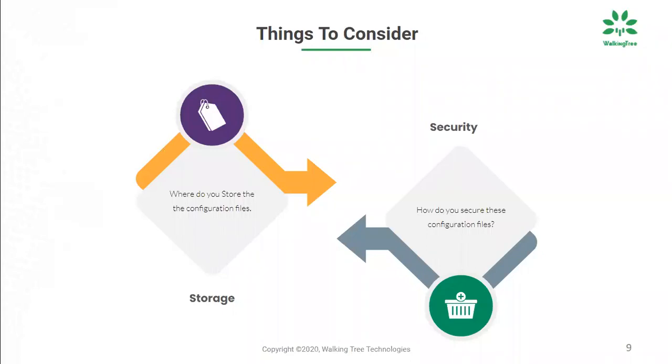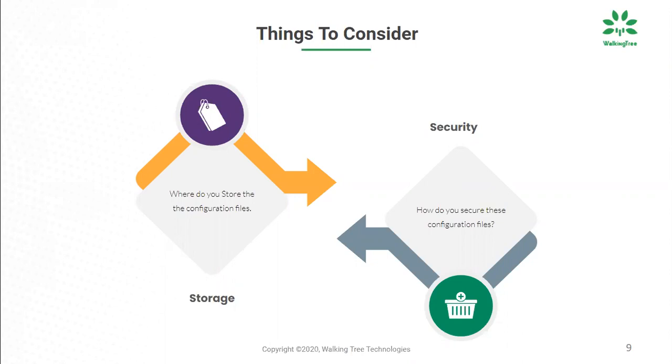So far, if I internalize it, I'm storing it in the code itself. But now if I make it external, where do I need to store it? That is an important aspect. The second is the security aspect of it. If I keep it in some place which is not so secure, and people get access to it, then important information will be leaked and people can play with our application as well.